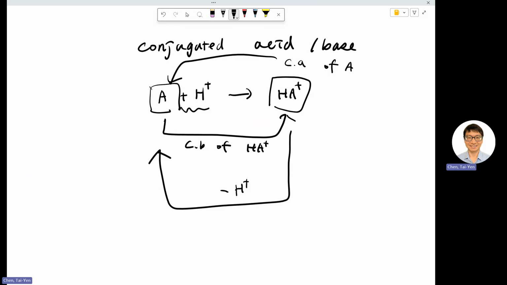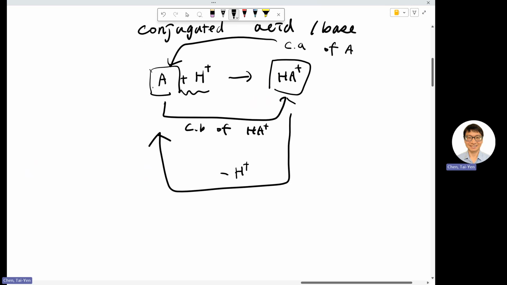The thing that may confuse you is, what if I want to find the conjugate base of A? Well, A doesn't have H plus, right? So what is the conjugate base of A? Instead of subtracting H plus, you add in OH minus.